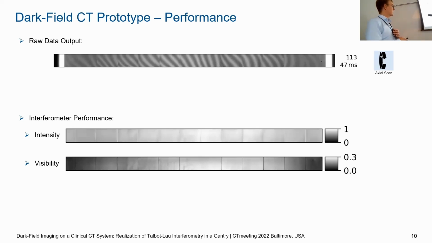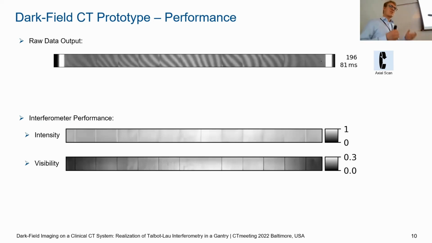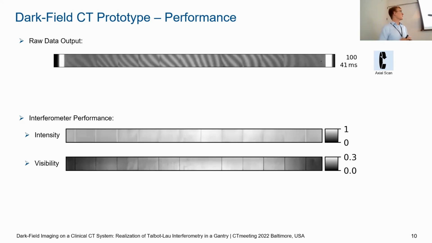So in this region here, and there in this very center, there are peaks of even above 26% visibility. This is very close to our expectations from simulation results. So this is a good result for such a compact and rough environment.